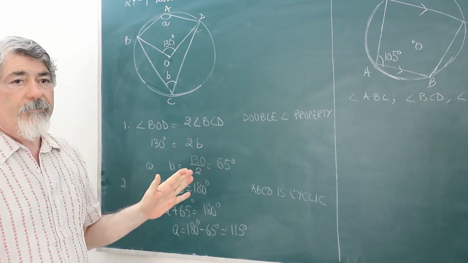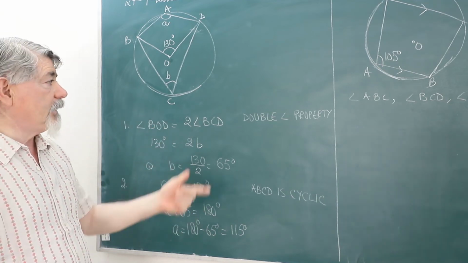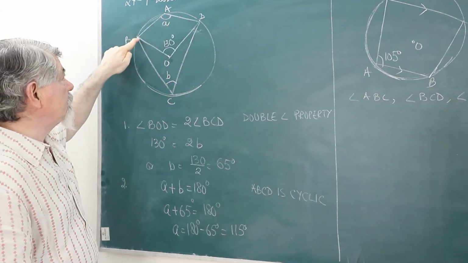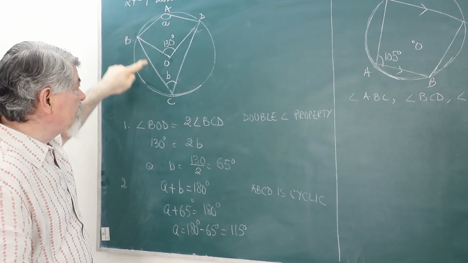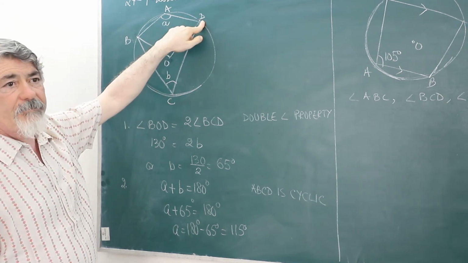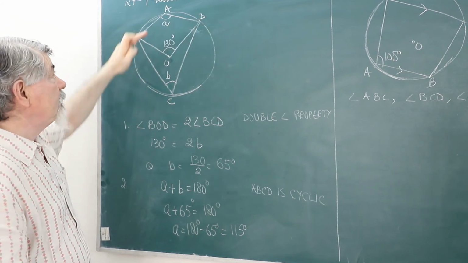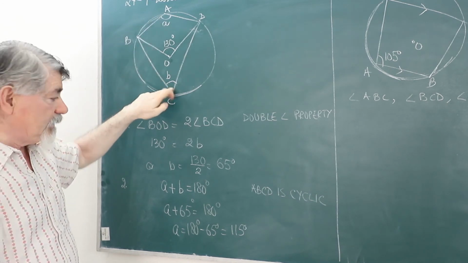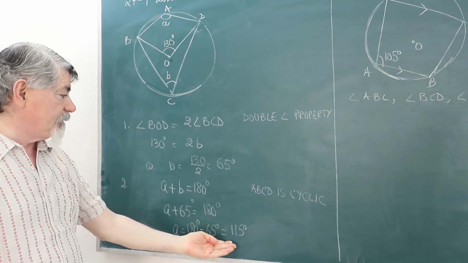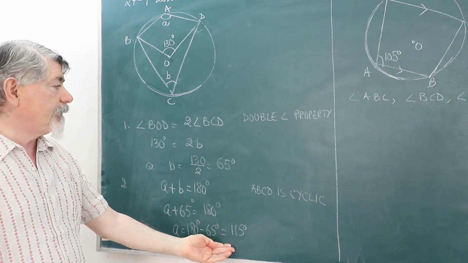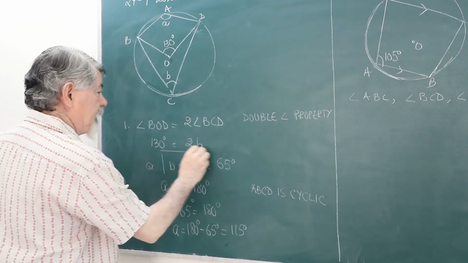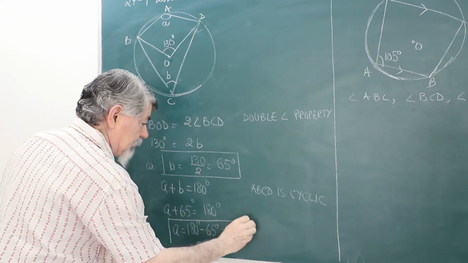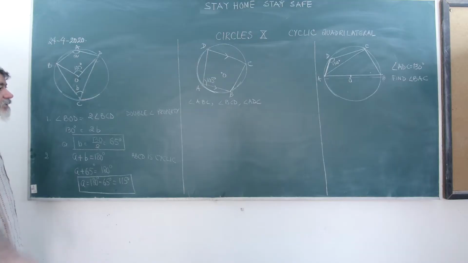The two properties which we have applied are the double angle property, and that the opposite angles of cyclic quadrilateral are supplementary, from which we got the value of A as 115. So we have got B as 65 and A as 115. Both the answers are there.